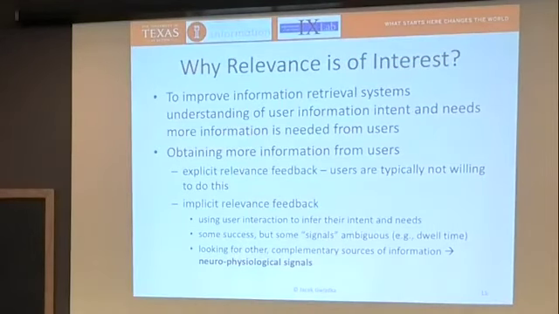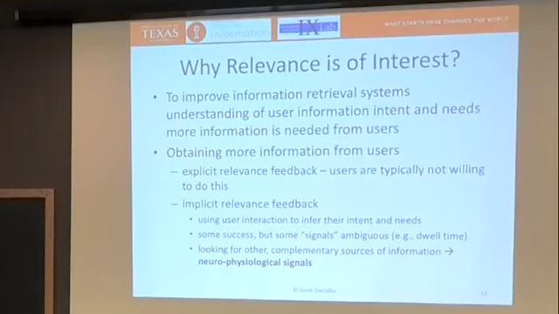One way is by soliciting more feedback. One of the techniques in information retrieval is explicit relevance feedback, asking people to perhaps highlight or click on some additional keywords in order for the system to better understand what kind of information they want.